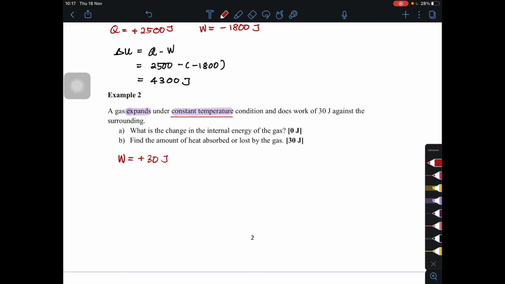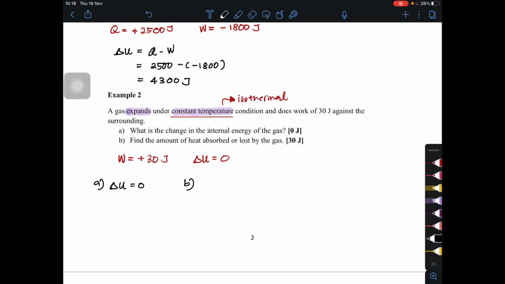Then, constant temperature here means that delta U will be equal to 0. If the system has no change in temperature, the process is called isothermal, which we will learn in 14.2. In an isothermal process, there is no change in the internal energy, so delta U will be equal to 0.